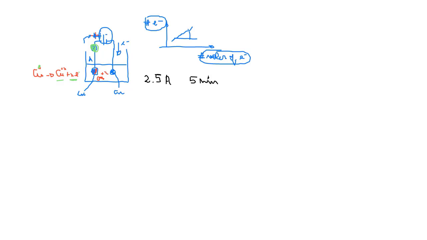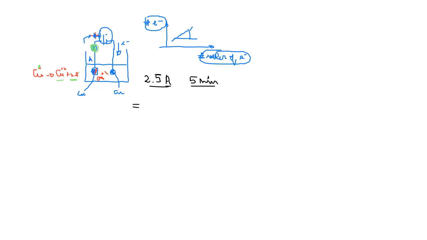So we will measure the time and we will measure the current. And I will ask you, what is the total charge? The total electrical charge is going to be the current multiplied by the time.